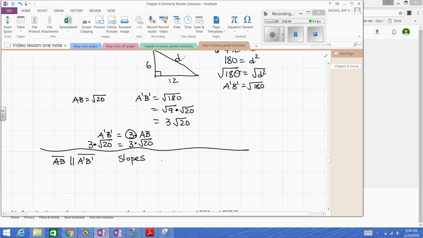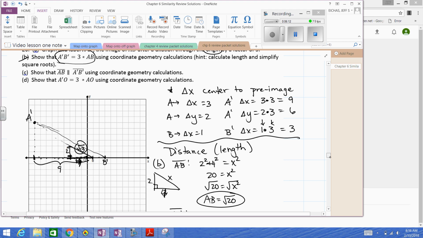The way we provide the evidence in coordinate geometry is we have to actually go calculate it. When we're off the graph, we have to be told things are congruent, or we have to be told things are parallel. For graphing, we can actually go figure it out. So the slopes here will tell us if they're parallel. Okay. Now the change in y over change in x, that's what we're looking for.